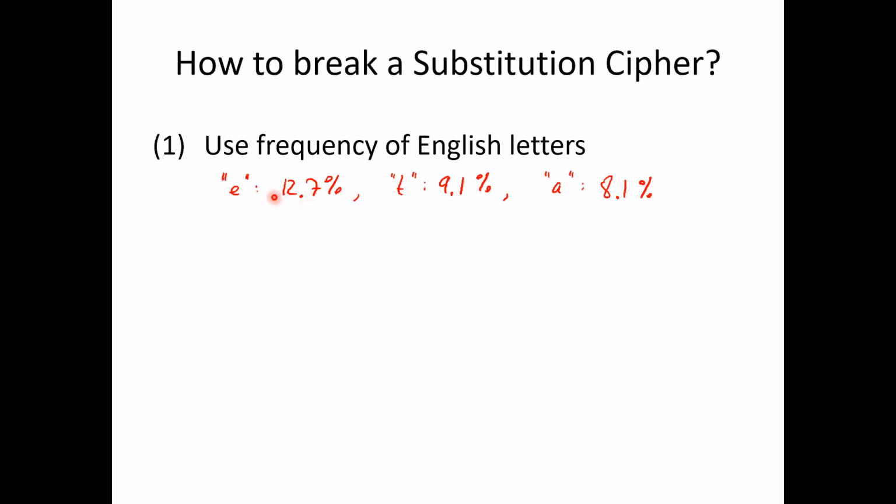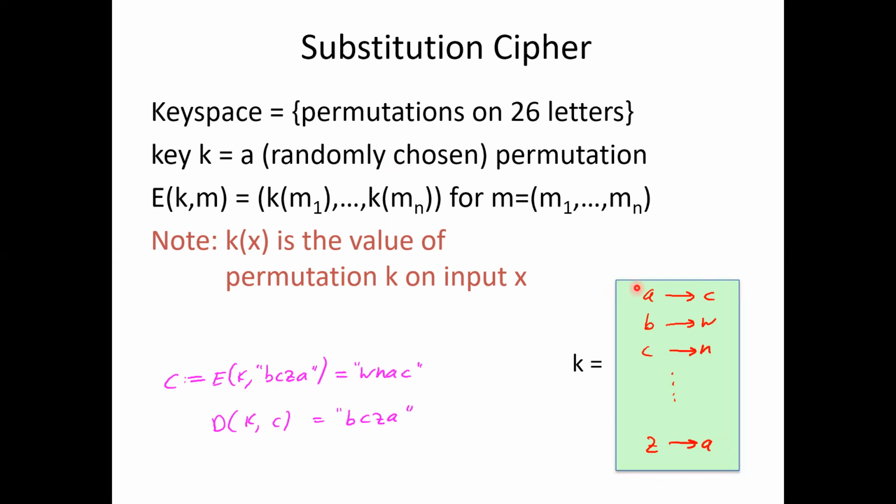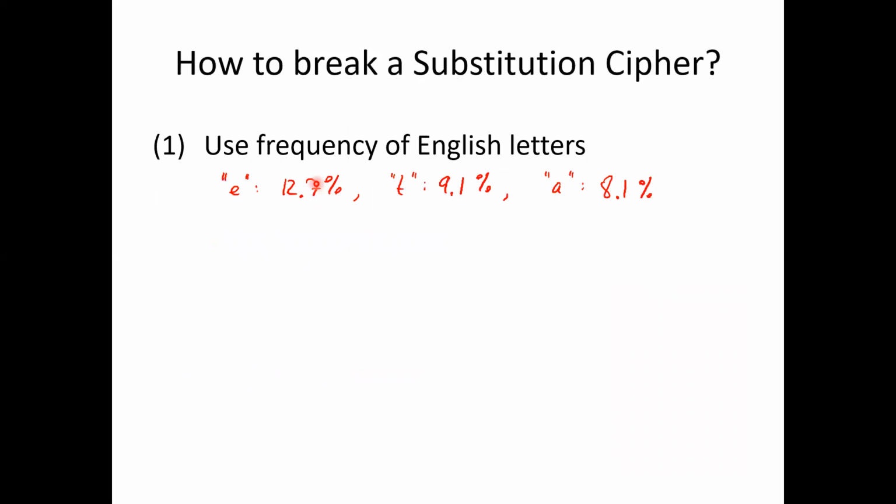But still, it has the same property. The occurrence of the same letter is going to always appear the same way in a ciphertext. So here's how the frequency analysis works. You know that in the English alphabet, and that's true for every language, certain letters have much higher frequency than others.